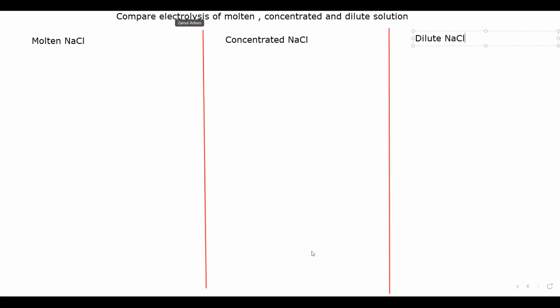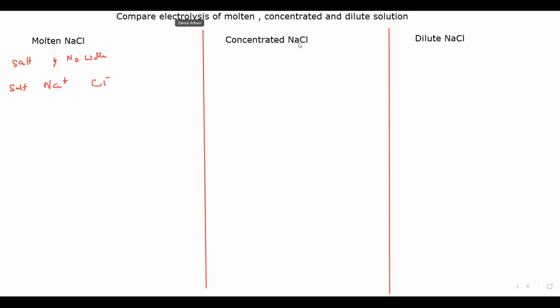So first, what are the ions present? Because the first one is molten, molten means there is salt only. It will have salt and there is no water. So the salt will be NaCl, Na plus and Cl minus.